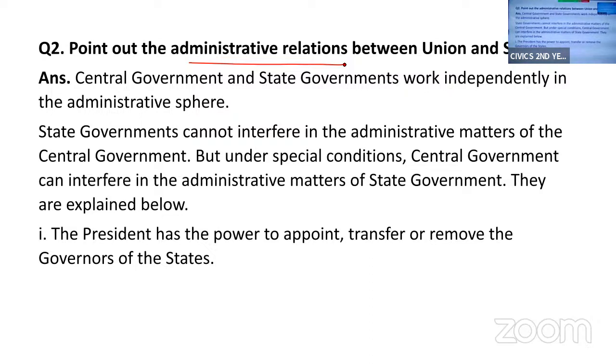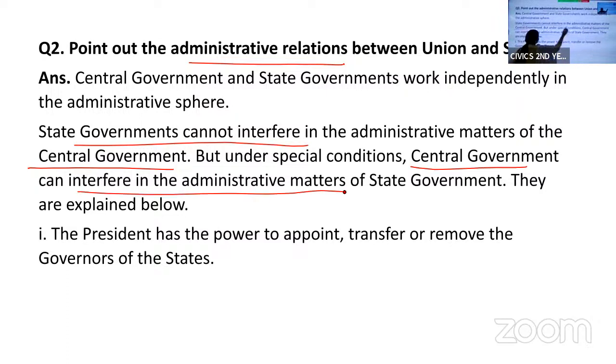The state government cannot interfere in the functioning of the central government or its administrative matters, but under special conditions, the central government can interfere in the administrative matters of the state.